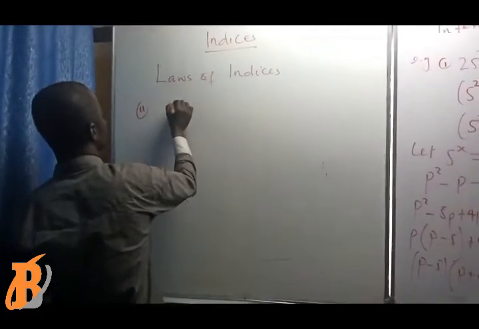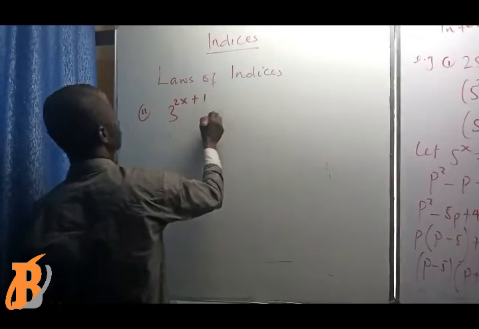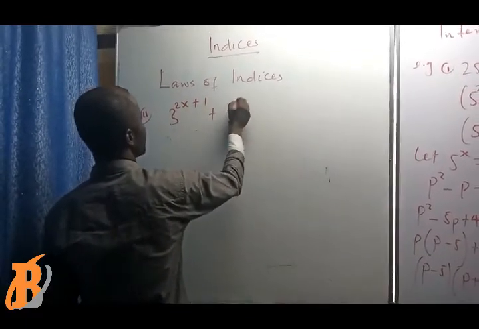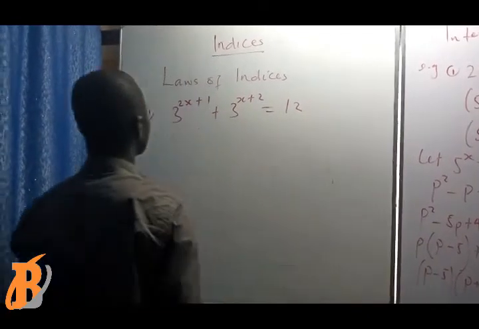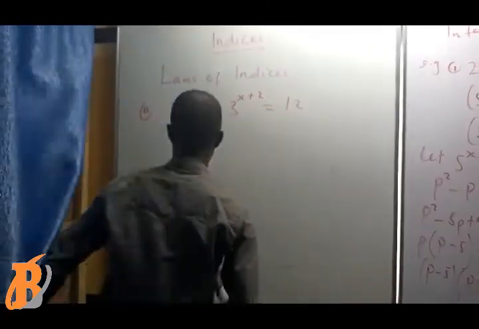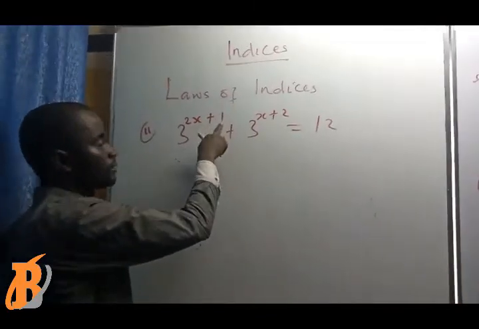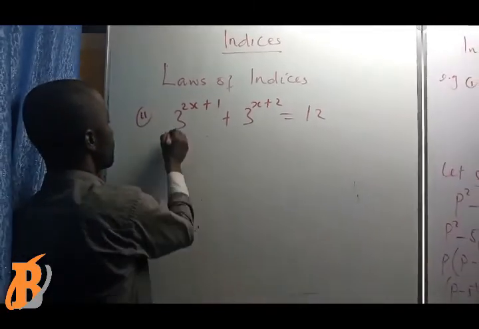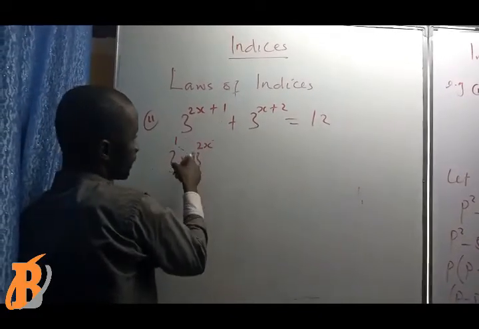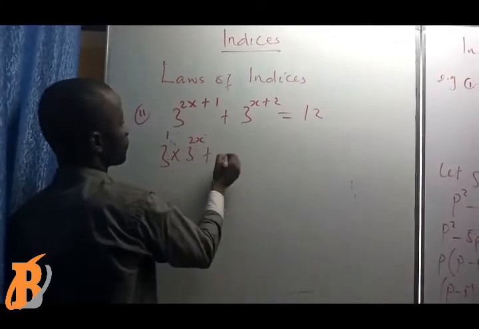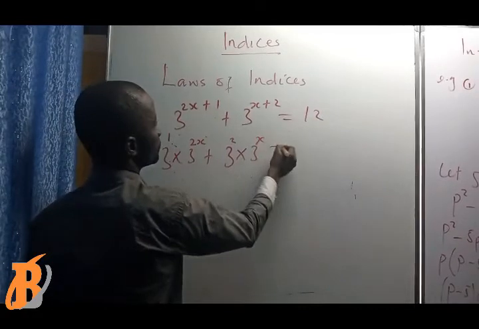Example 2. You have 2x plus 1 plus 3x plus 2 is equal to 12. Here, since you add the power, show that this plus 1 is 3 raised to power 1. That is 3 raised to power 1 times 3 raised to power 2x, plus 3 raised to power 2 times 3x is equal to 12.